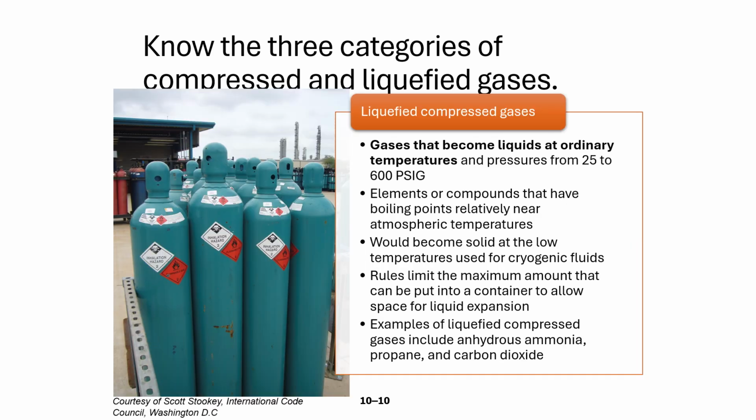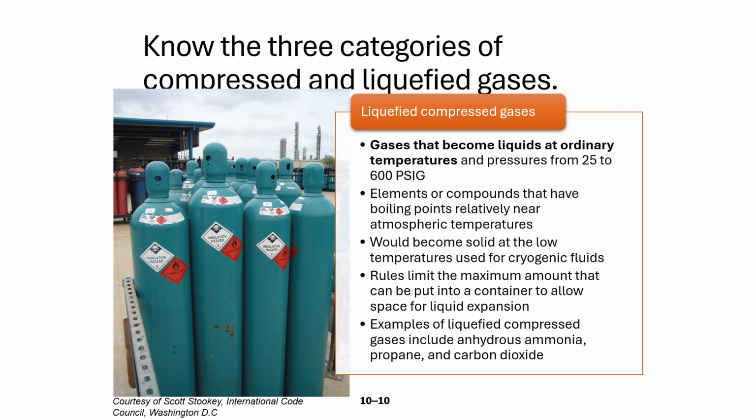Liquefied compressed gases, that is, gases that become liquids at ordinary temperatures and pressures from 25 to 600 psig. Liquefied gases are elements or compounds that have boiling points relatively near atmospheric temperatures, ranging from approximately 130 degrees Fahrenheit to 25 to 30 degrees Fahrenheit.